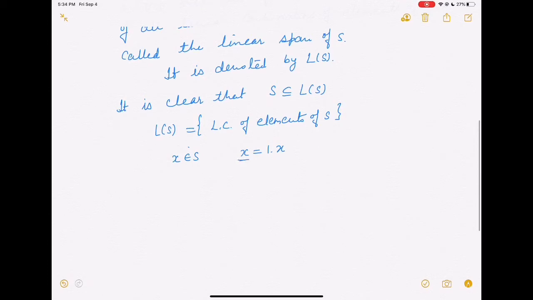So x is itself a linear combination of the elements of S, because in terms of other elements, say y and z, it can be written like that, plus 0 and so on. So S is always a subset of L(S).